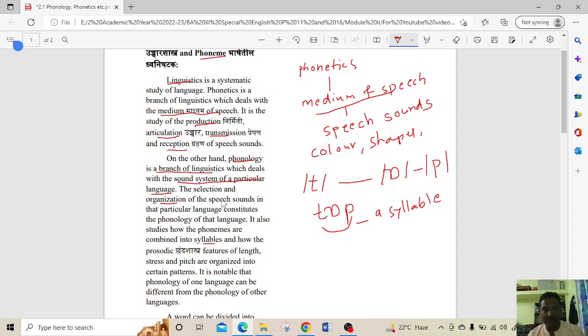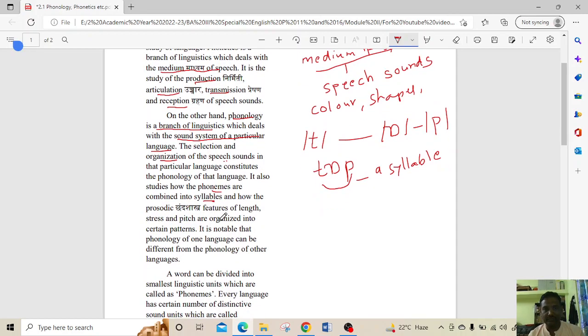But here we have to just understand that in phonology, how these phonemes, that is, these speech sounds, are combined into syllables, and how the prosodic features are formed. Here, the word prosodic is used.